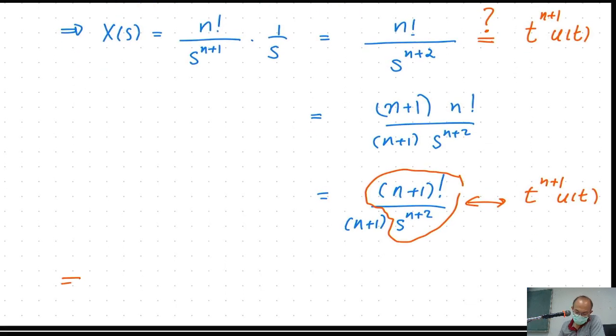So x(t) would be t to the n plus 1 over n plus 1 times u(t). That's it.